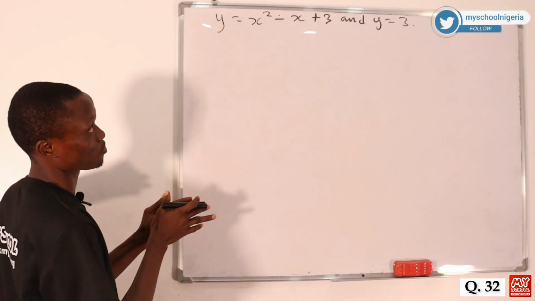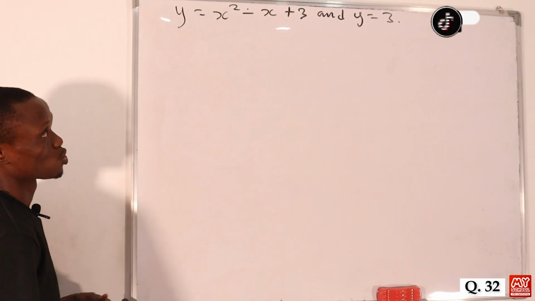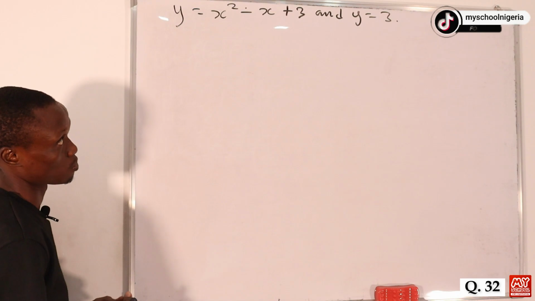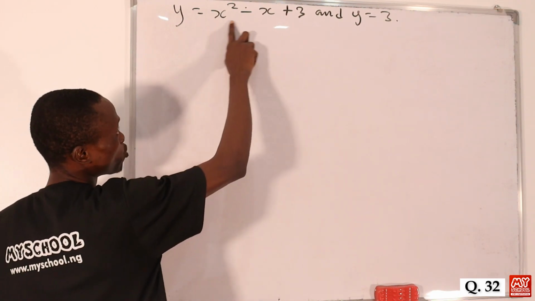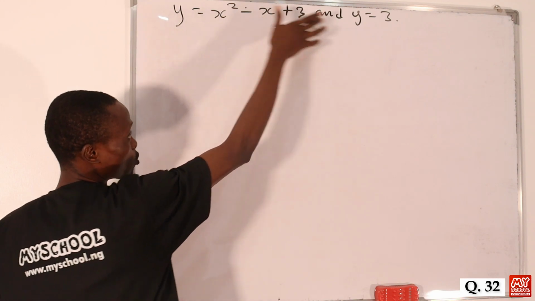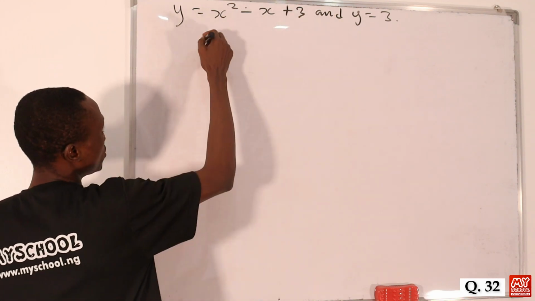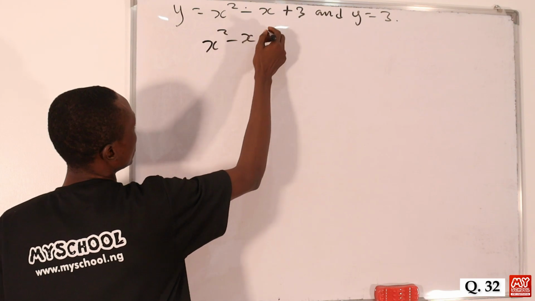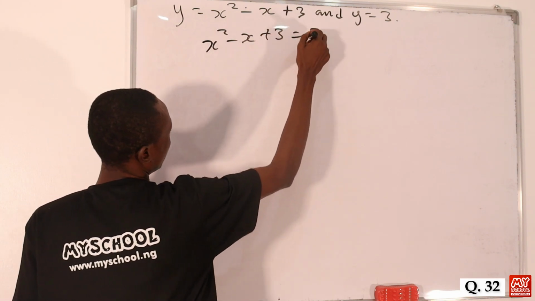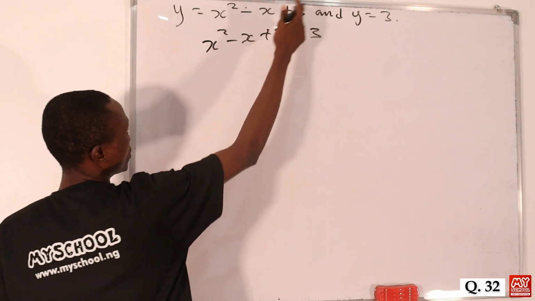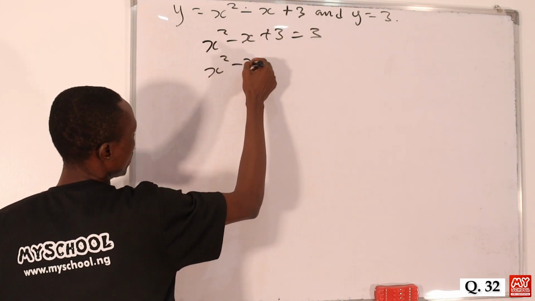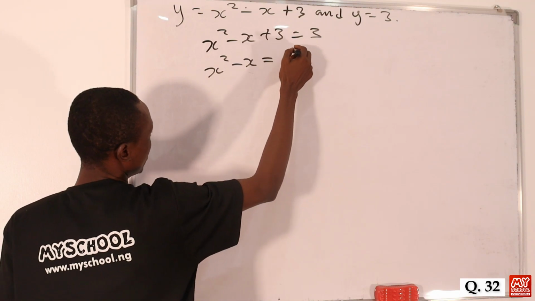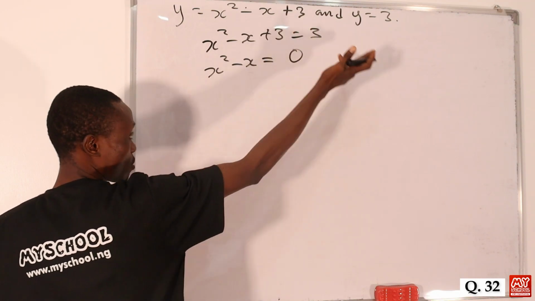So first of all, we need to find the x-intercept, or the points of intersection. In order for us to do that, we have to equate the first curve to the second curve. So in this case, we'll be having x squared minus x plus 3 equal to 3. We move this 3 to the other side, so that we'll be having x squared minus x equal to 0, because 3 minus 3 gives us 0.